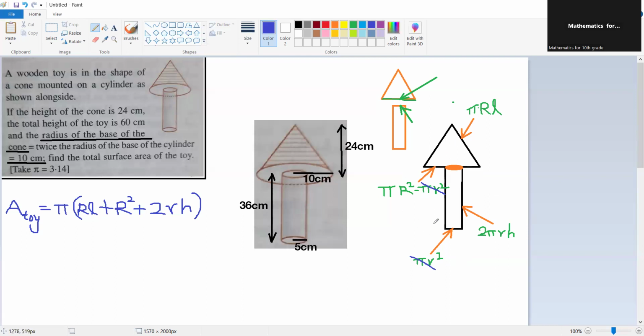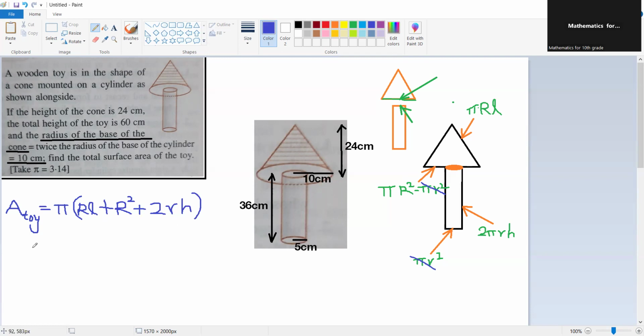If we add up all of these, pi r square and minus pi r square get cancelled. So we have pi RL for the curved area of the cone, pi R square for the base of the cone, plus 2 pi r h, the curved area of the cylinder.